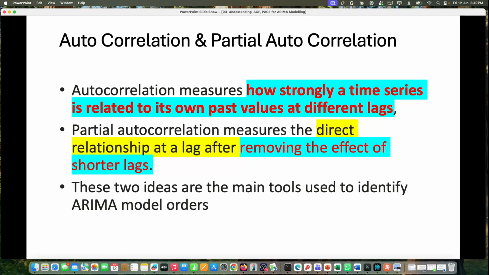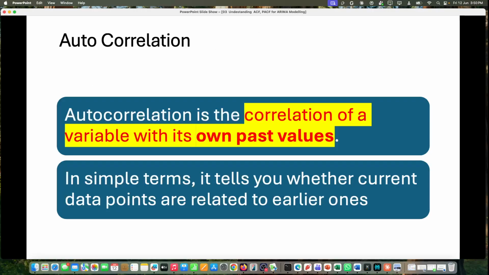Partial autocorrelation measures the direct relation after removing the effect of the in-between lags. These two, ACF and PACF, are important tools to identify the ARIMA model order.